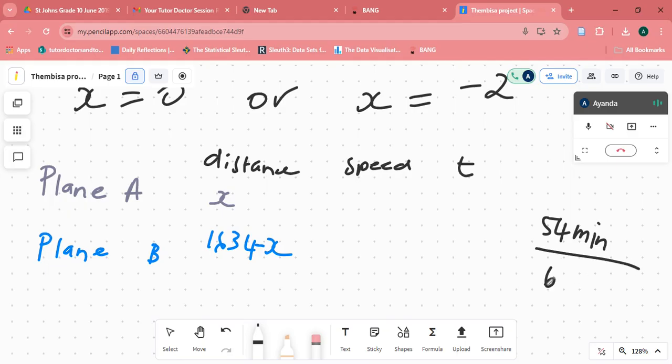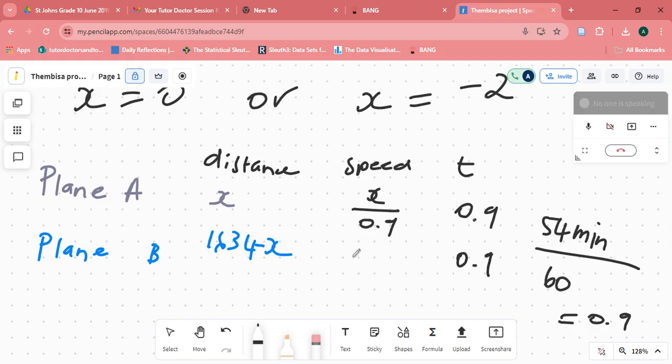If we divide that by 60, that's going to give us 0.9 hours. So it took both planes 0.9 hours to get to the same point. So speed is distance over time. That would be x over 0.9 for plane A, and for plane B, that would be 1,634 minus x over 0.9.